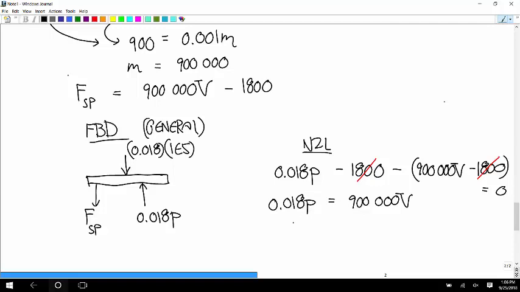And what do you get for that? Okay, so 5 times 10 to the 7th times the volume.